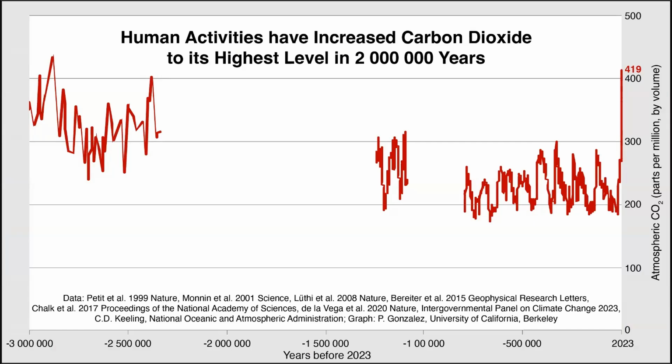And we see that carbon dioxide varies a lot in geologic time. But this straight line right here is all of human history from the Industrial Revolution to today. And you see that human activities have pushed carbon dioxide way above its natural range of variation in the most recent period.